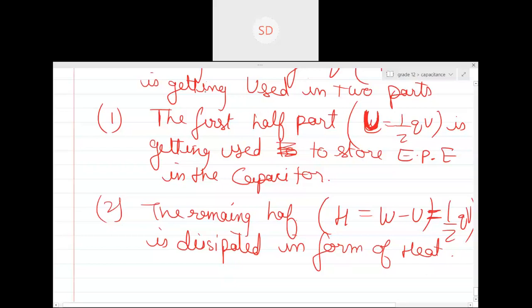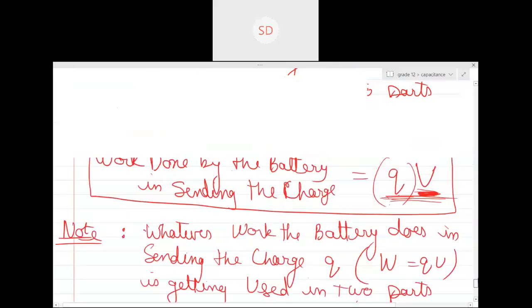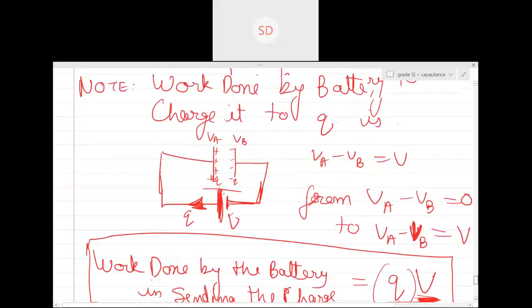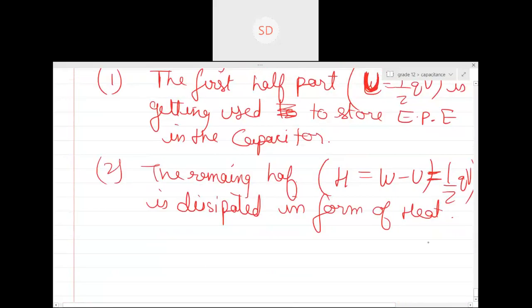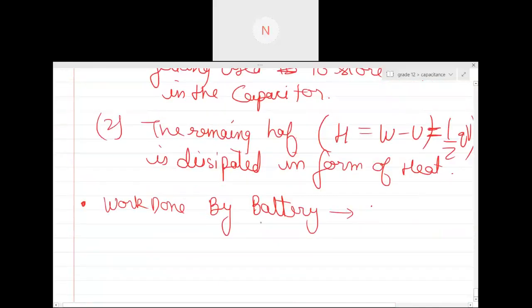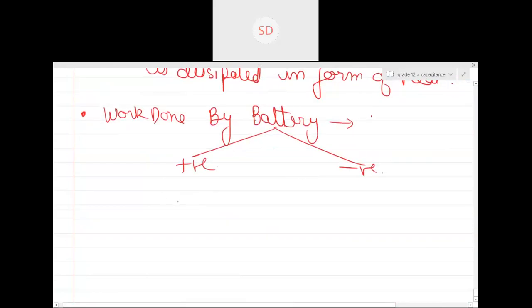This work done can be positive or negative. When do we say it is positive?